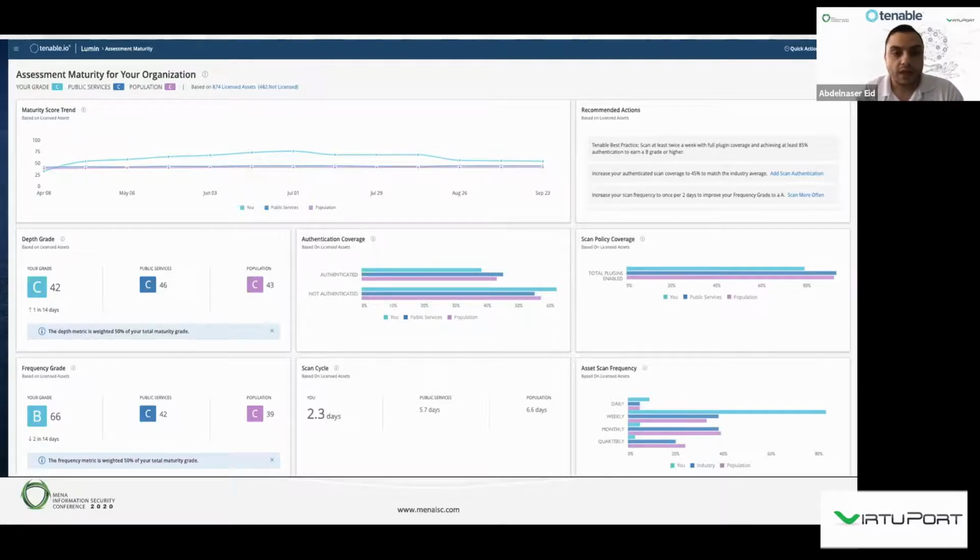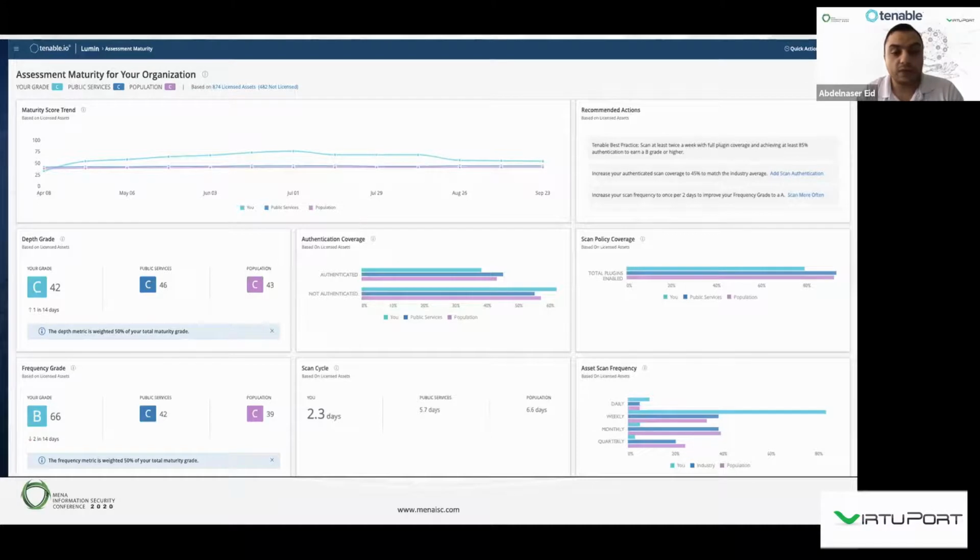For example, are we doing full authenticated scans for all assets, or are the majority of our scans without credentials? Also, what is the number of plugins that we are utilizing in our scans? Do we always rely on a limited number of plugins that, for example, only look for Windows vulnerabilities, or are we trying to do the scans using more and more plugins? The more plugins we use, the more vulnerabilities we discover, and the more platforms we cover.